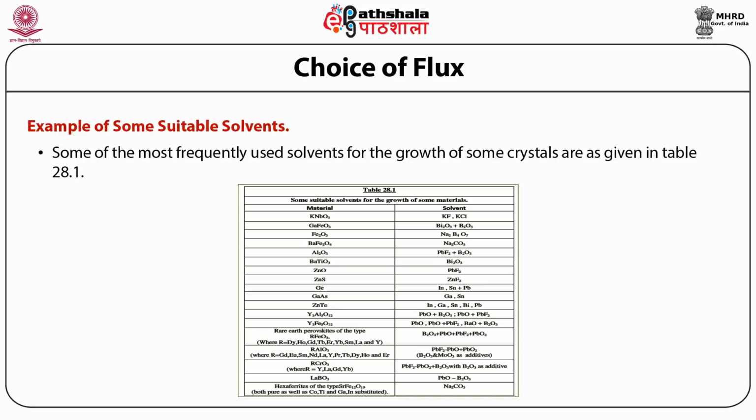For the growth of LaBO3, that is lanthanum borate, the solvent used is PbO plus B2O3. For the growth of hexaferrites of the type SrFe12O19, both pure as well as substituted with cobalt, titanium, gallium and indium, the solvent used is Na2CO3.